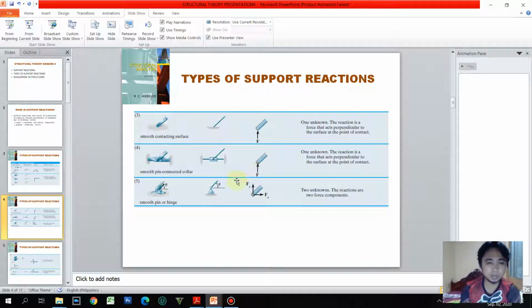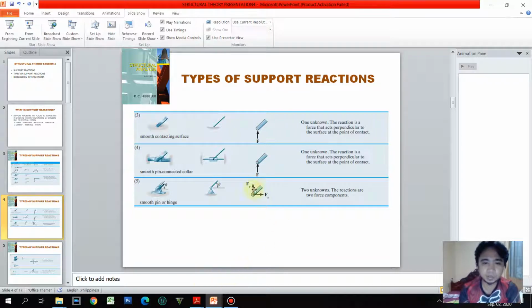Although this pin is allowed to rotate, whether clockwise or counterclockwise, it restrains or restricts vertical and horizontal movement. Okay, so basically there will be two unknowns here, and the reactions are two force components.